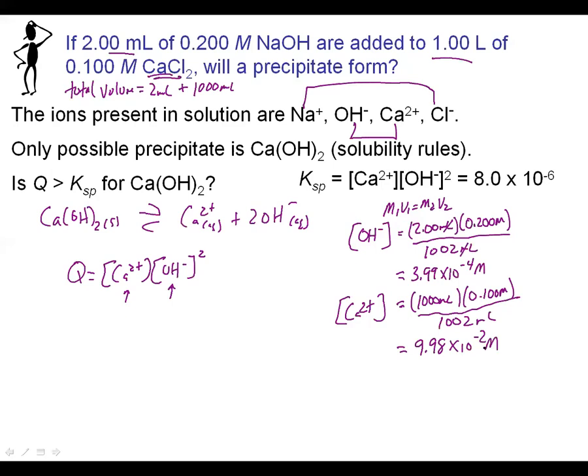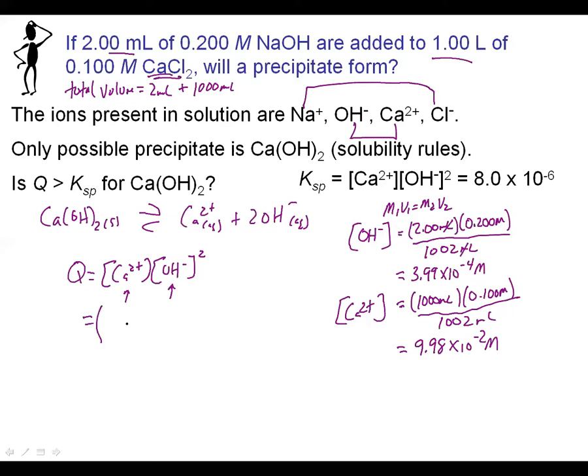So any questions on where those numbers came from? Again, here we just want to make sure that we get the concentrations in the actual mixture together, because that's kind of the whole purpose of this. So at this point, we have the concentrations of these ions when they're mixed.